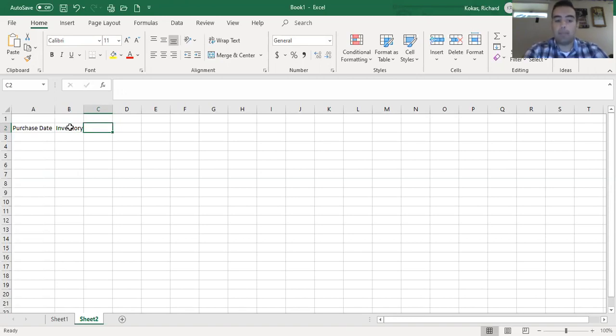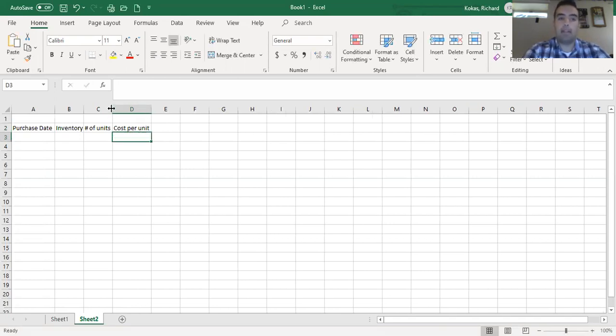The next column is the number of units purchased on that date. And the last column, for now, is going to be the price per unit. Actually, I'm going to change that to the cost per unit, so we know it's what we had to pay to buy the inventory.